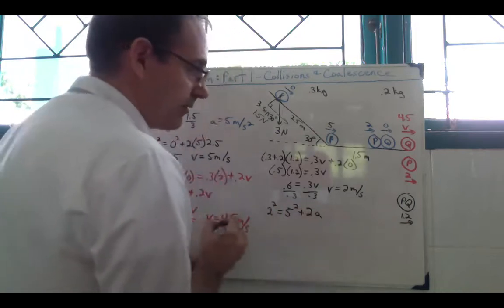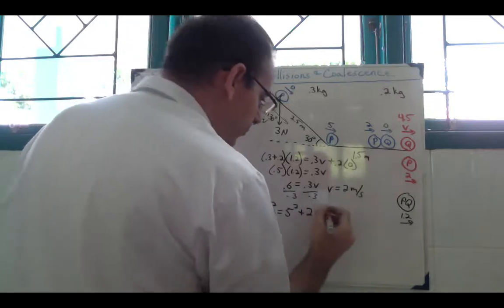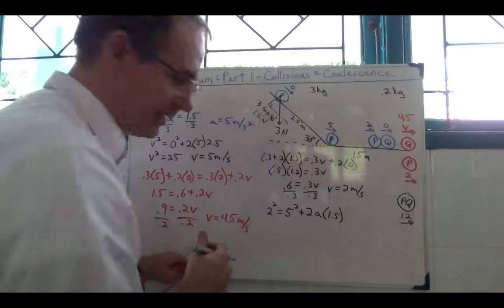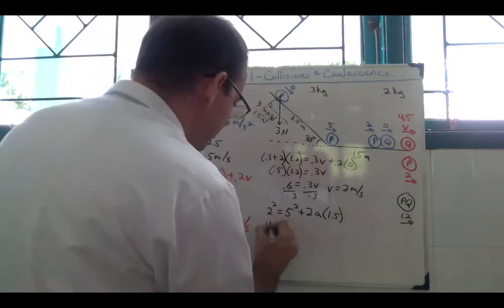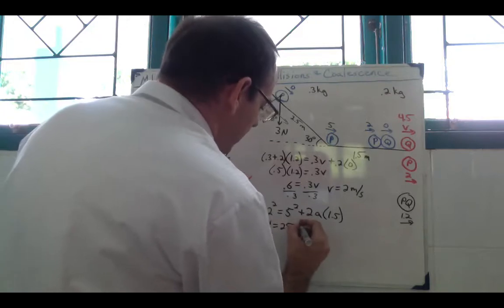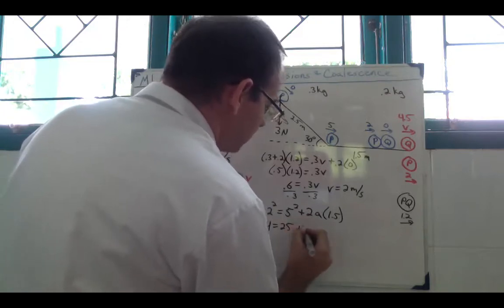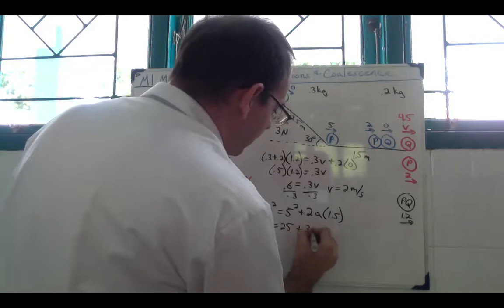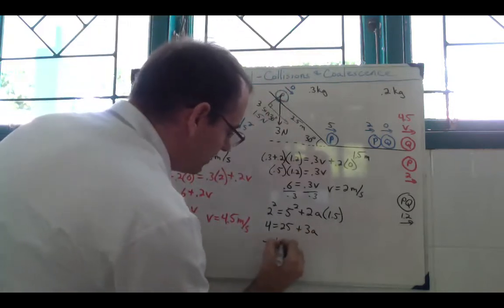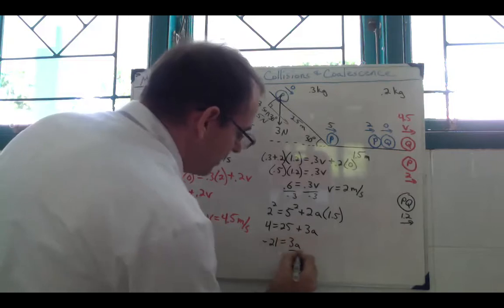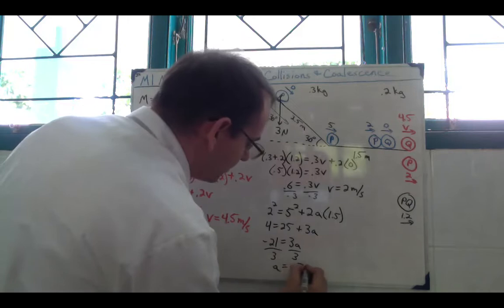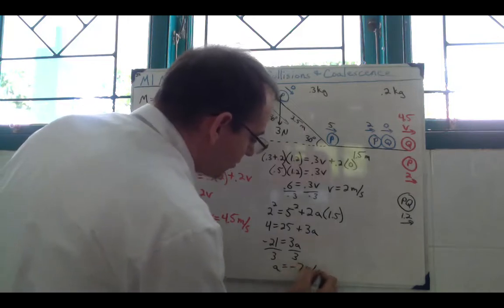We don't know the acceleration. s is 1.5. So this is one of our SUVAT equations. So we get 4 equals 25 plus 3a. So this is negative 21 equals 3a. Divide by 3, divide by 3, a equals negative 7 meters per second squared.